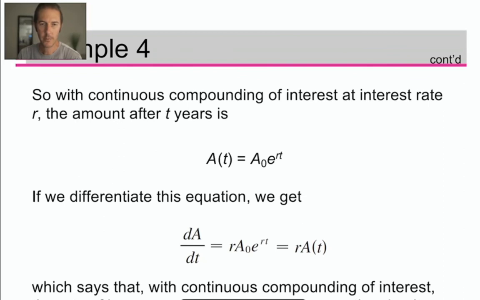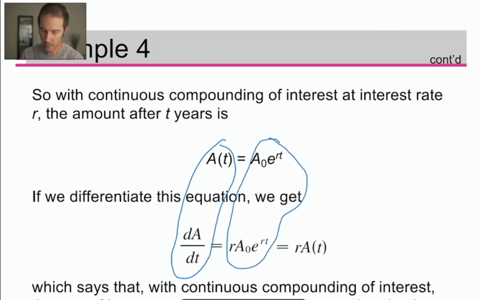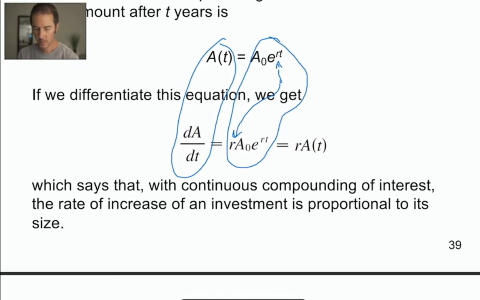If we take the derivative of this equation, derivative of the left-hand side, derivative of the right-hand side, using the chain rule, we have to multiply by the derivative of that exponent in there, so that's why we get this multiple of r in front here. Allows us to say that with continuous compounding of interest, the rate of increase of an investment is proportional to its size.